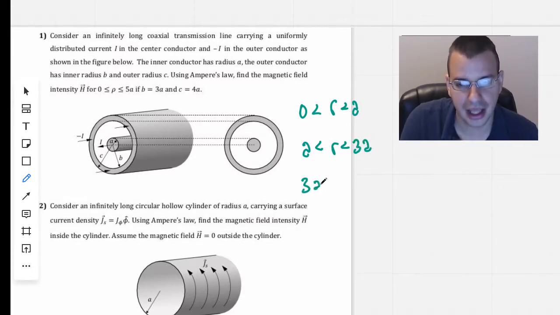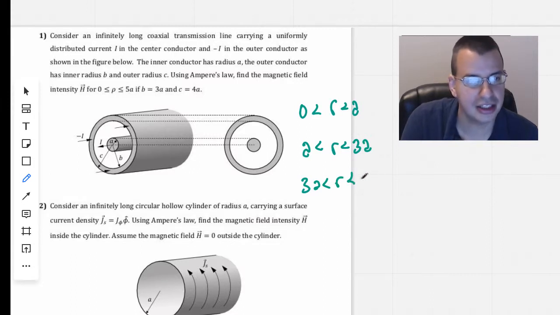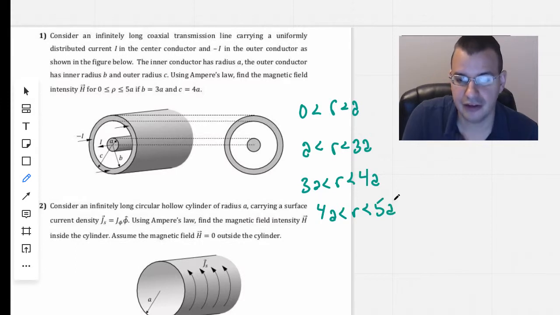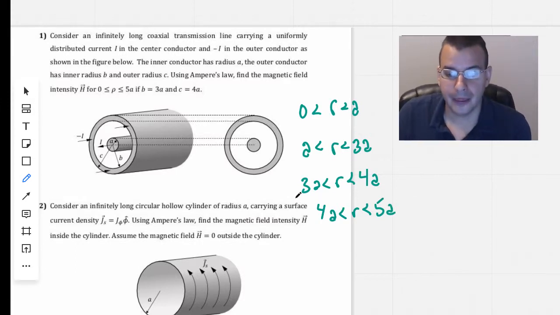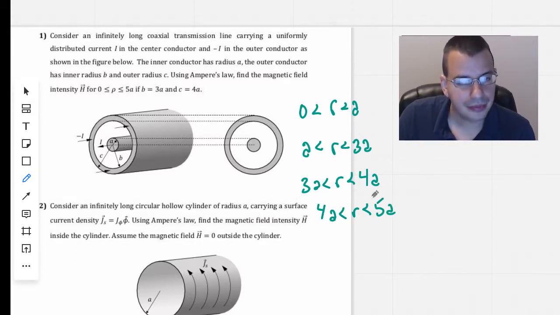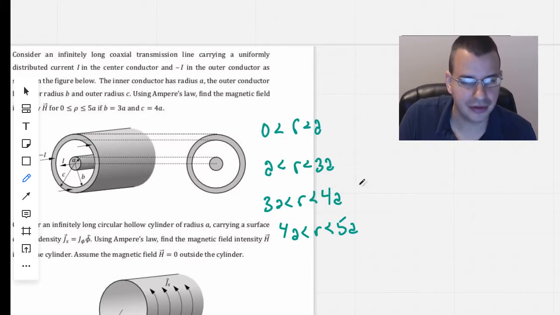Then we have 3A less than R less than 4A. And then 4A less than R less than 5A, where I'm just using R instead of rho. I like R for radius. It's a personal preference. You can use rho.